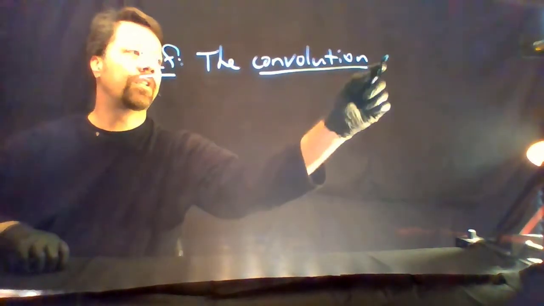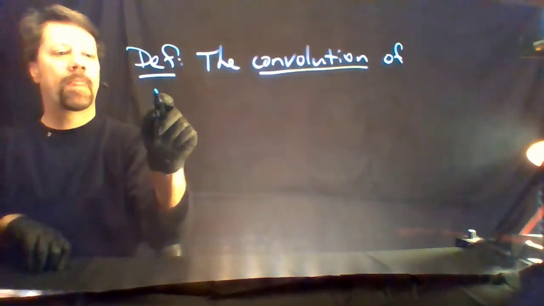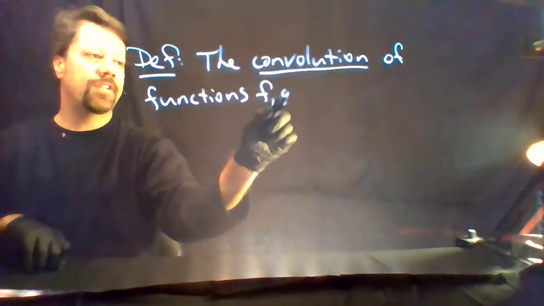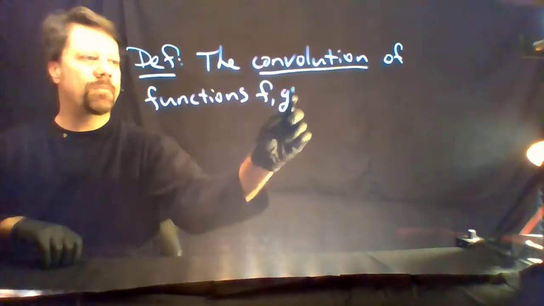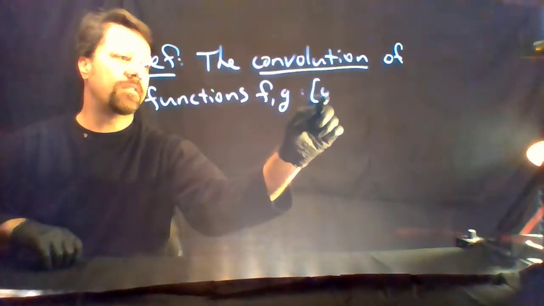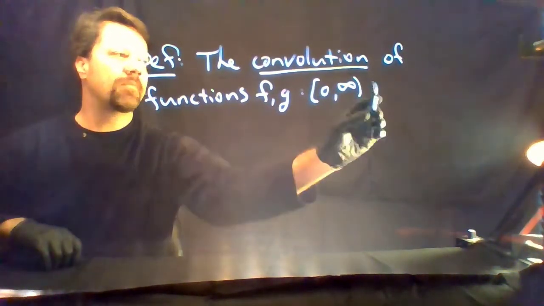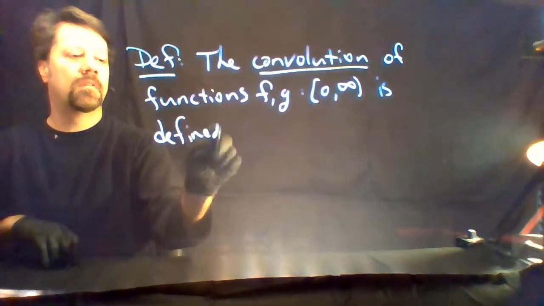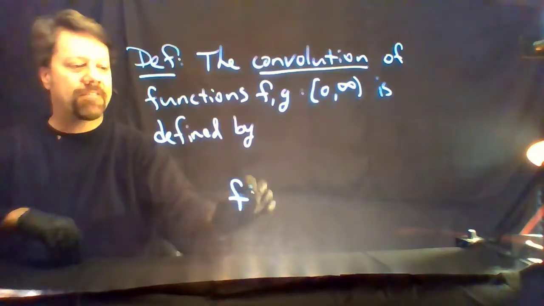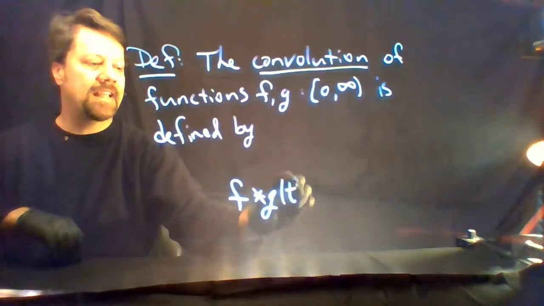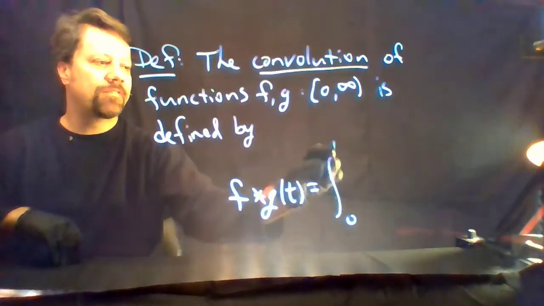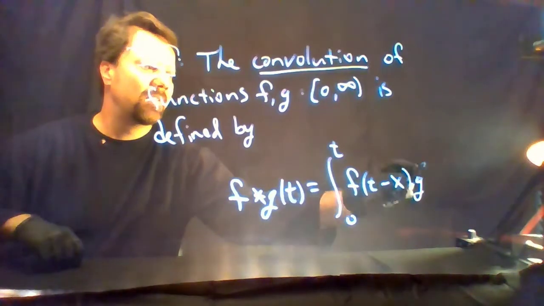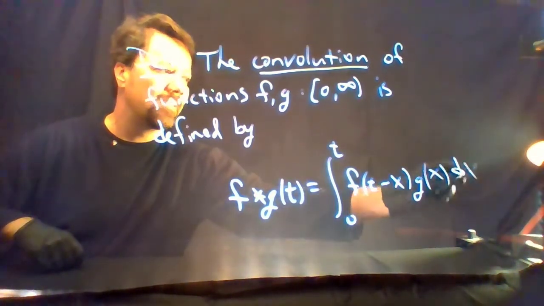The convolution of functions f and g, we want these functions to be defined, say, on 0 to infinity, is defined by f convolved with g of t is the integral from 0 to t f of t minus x g of x dx.